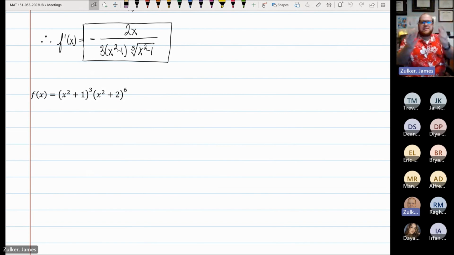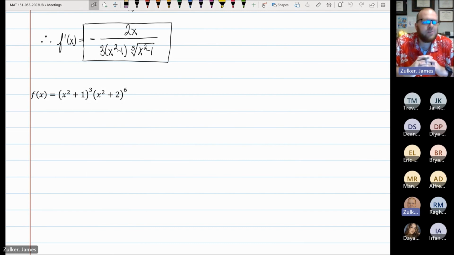Okay, so here's how I typically tackle derivative problems. First, I look at the function and I look at the overall picture. I go, okay, what kind of function am I dealing with? I'm dealing with a product.